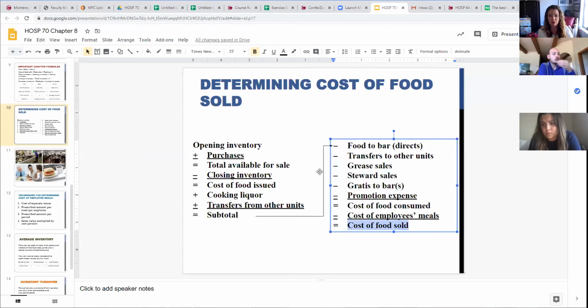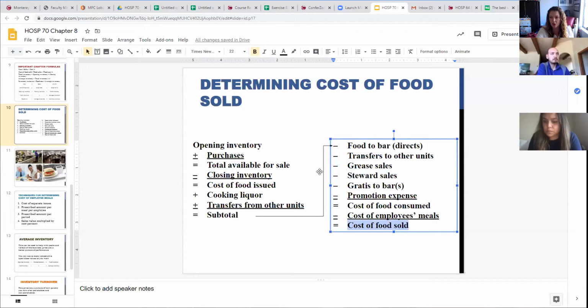So that's a promotional expense, and they're not actually selling products, so you're not getting any revenue for it. So if you count that towards your food cost, then it's not affecting it. It should be counted separately. You'll have a separate column in your income statement that talks about promotional expenses, all of these different expenses.